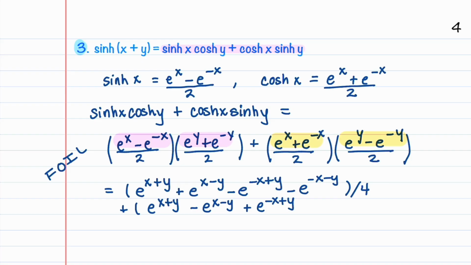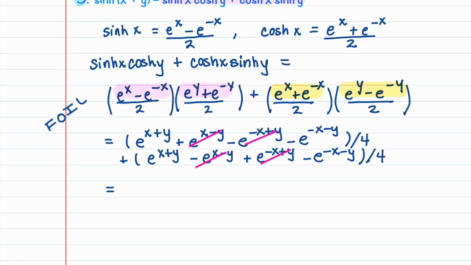And then lastly, the last terms, which is minus e to the minus x minus y. And all of that is also divided by 4. Now let's see which of these terms is going to cancel. This term cancels with this term, and this term cancels with this term.